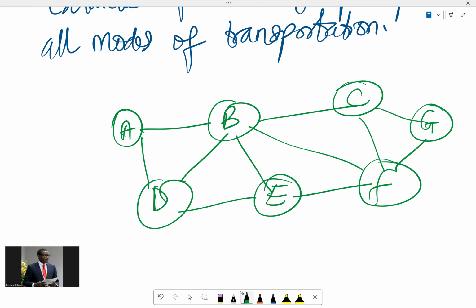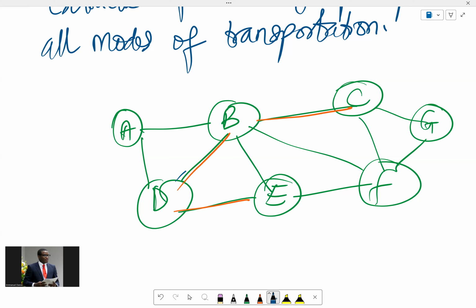Imagine that you can take a flight from here to here, and like this, along this path. On this other part there's a rail network.